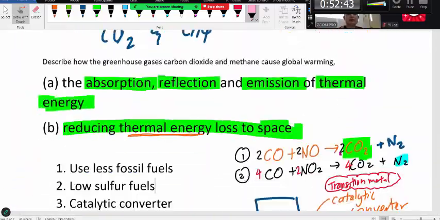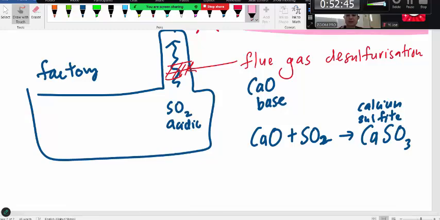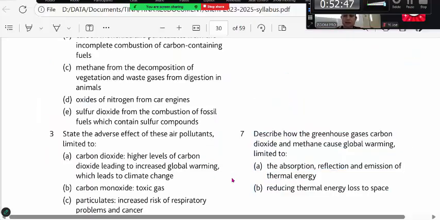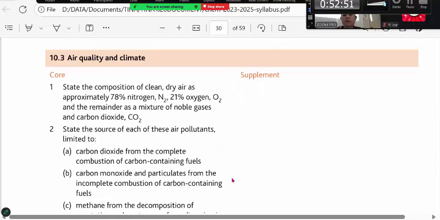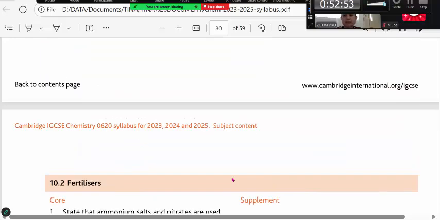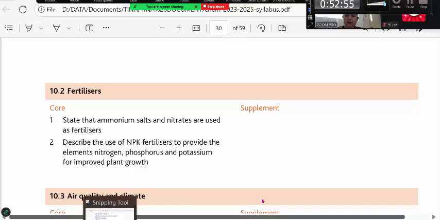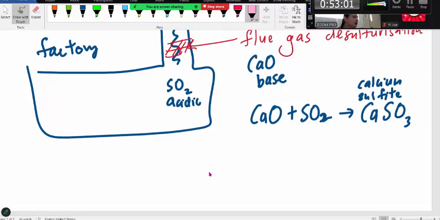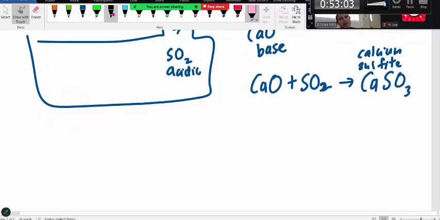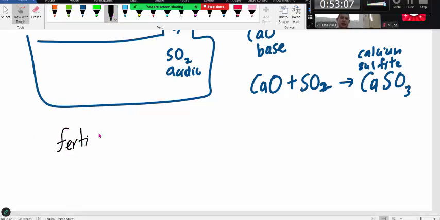All right, so go back to our chapter here. One more part I'm going to teach you, you're going to learn in bio as well. I'm only going to teach you the front part because the next part you learn in bio. Fertilizer can also cause pollution.